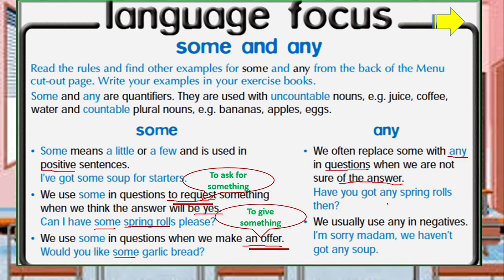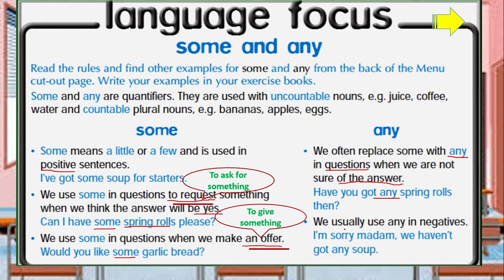Have you got any spring rolls? We use any because maybe spring rolls are not there in the restaurant. So the speaker here thought that his or her request is not that much possible.